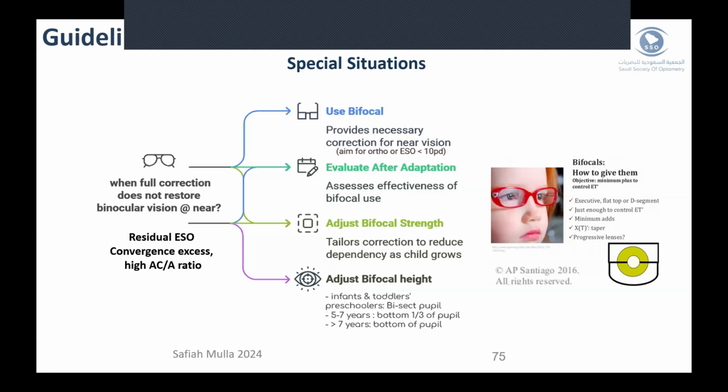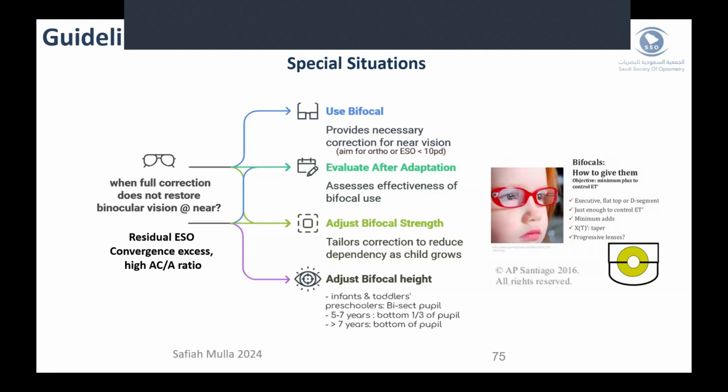You're going to use the bifocal, so you're going to aim to correct that near esotropia, or take it at least to less than 10 prism diopters at near, and that's acceptable. But if it's more than this, then you're going to need to add more until you get out of that near esotropia.